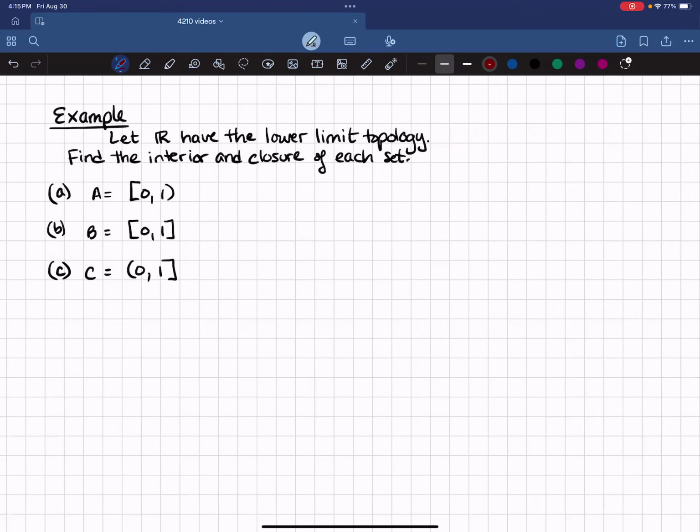Before we start, let's just remember that in the lower limit topology, the basic open sets have the form of an interval from A to B, where the lower limit A is included and the upper limit B is not included. So those are the basic open sets in the lower limit topology.